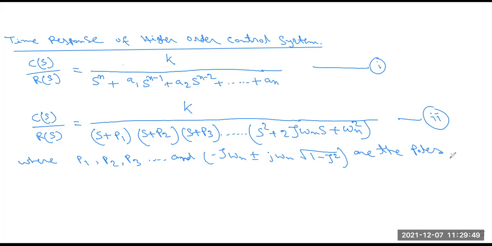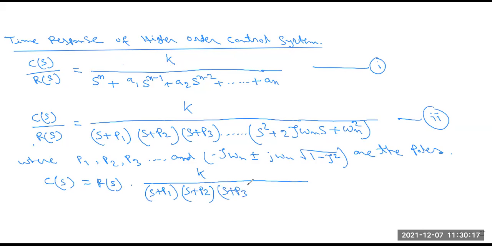Okay, and so on. So now we have to write the equation for the output, that is C(s) equals, we know that, R(s) times the same equation, that is K by (s plus p1), (s plus p2), (s plus p3), and so on, then s square plus 2 zeta omega n s plus omega n square.